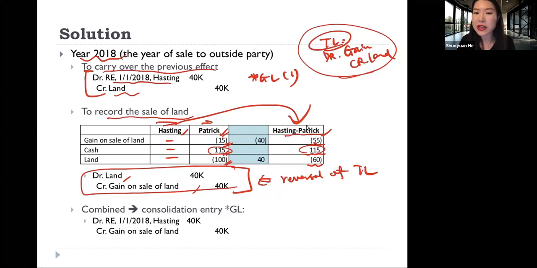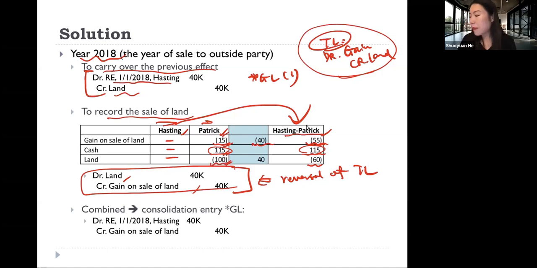Cash is correct here. For the gain on sale of land, Patrick only recognized 15,000 when it sold the land, but for the two firms as one firm, the profit it can recognize is 55. So we need to recognize another 40,000.